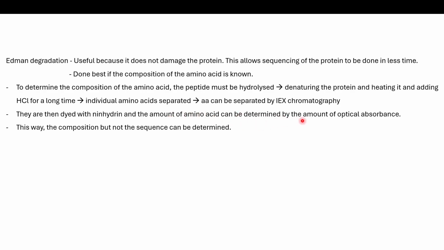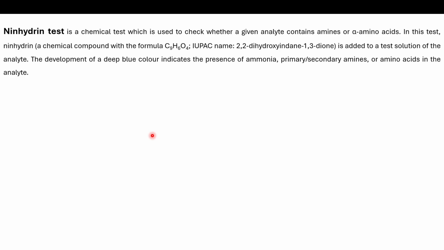Or you can eventually also take absorbance or optical density readings in a spectrophotometer, measure the readings at 280 nanometers, and check the presence of the amount of protein or amino acids in there, and hence you can check the composition but not the exact sequence of the amino acids in this way.